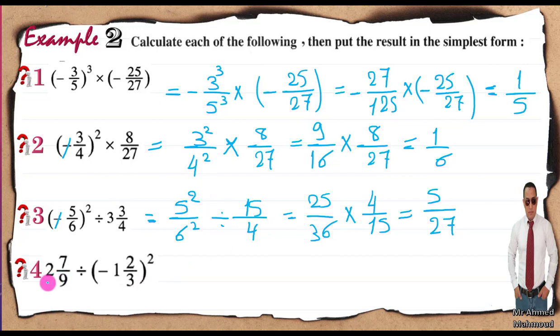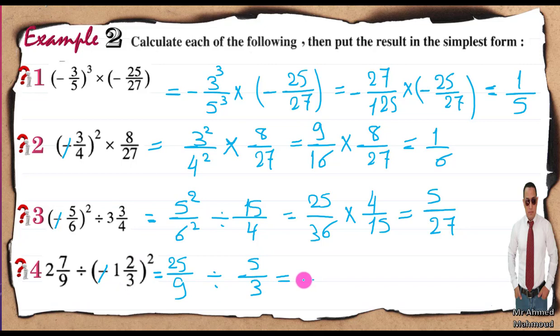Now, number 4, 2 and 7 over 9. I'm going to change this one into a mixed number. 9 down, 9 times 2 equals 18 plus 7 equals 25, divided by negative 1 and 2 over 3 to the power of 2. Skip the negative because the power is 2. Now, it will be 3 down, and 3 times 1 is 3 plus 2 is 5, like this.